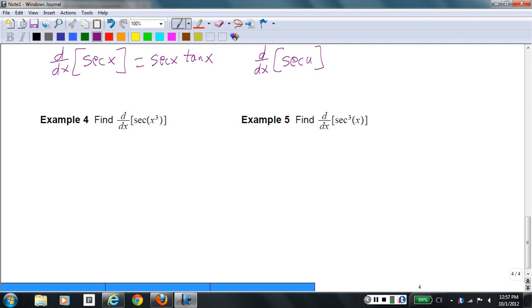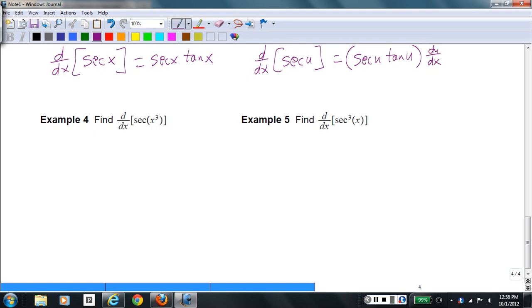Well, in this case, secant is the outside function. So what we would say is it would be secant u tangent u times the derivative of u with respect to x.